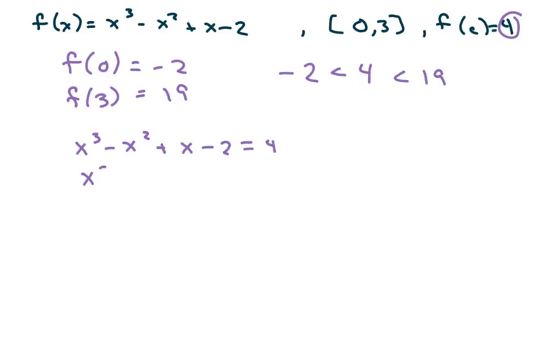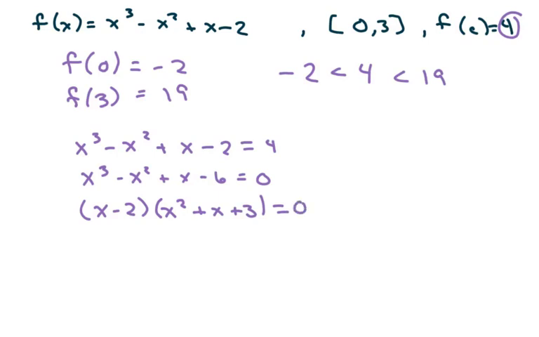Subtract 4 from both sides. I can factor this cubic. It's going to factor as (x - 2) times (x squared plus x plus 3) equals 0.